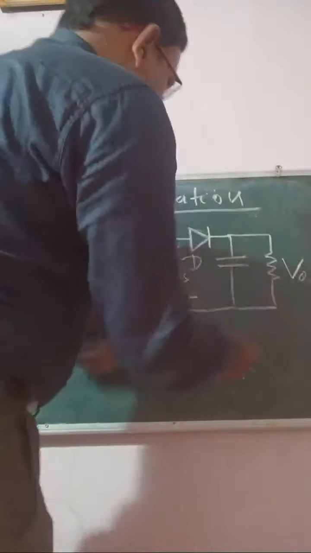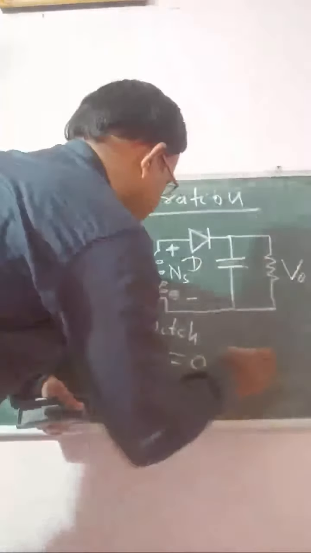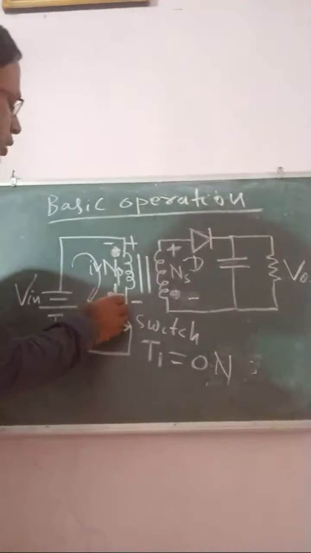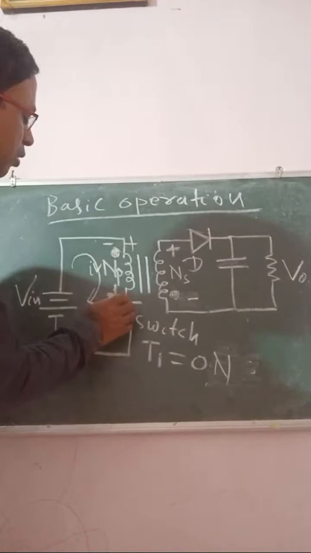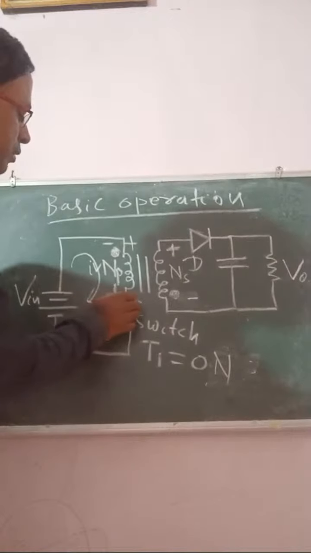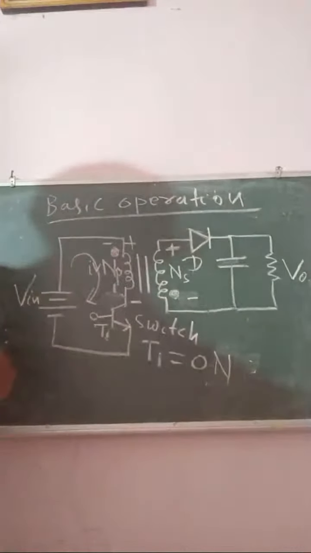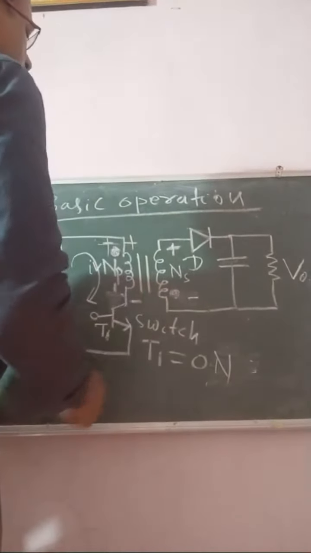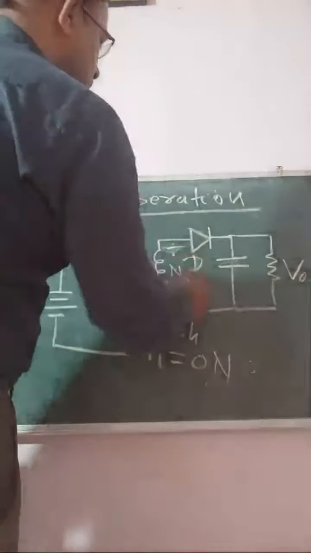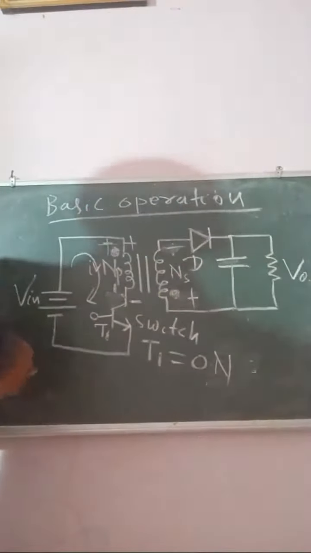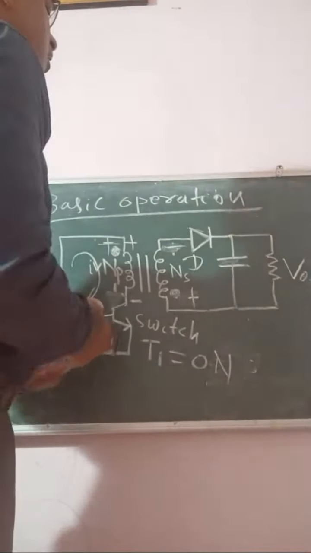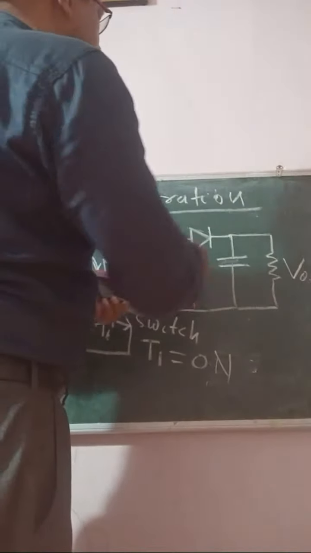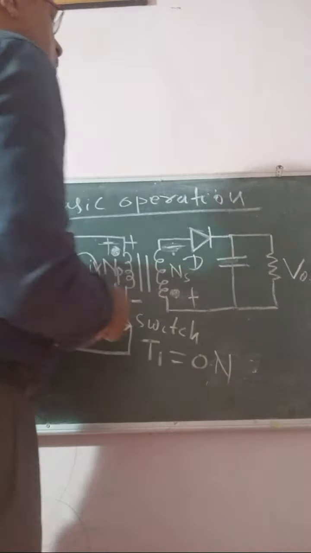After some time, when the switch is again in the on condition, this side will be plus and this side will be minus, so that the diode is in the off condition. When the diode is off, no current will flow.